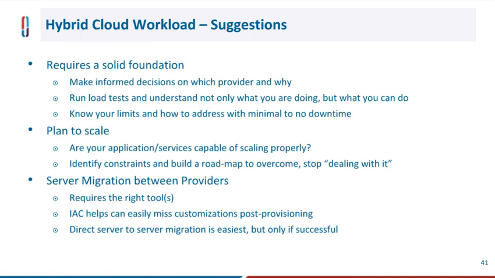And then identify constraints. I love this line: identify constraints and build a roadmap to overcome them, the stop-dealing-with-it approach, because we see time and time again that people try to solve problems with Band-Aids that don't take into account the bigger roadmap, and then it creates more problems down the road.